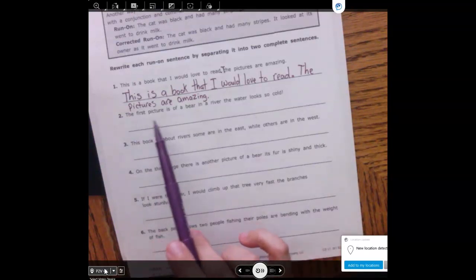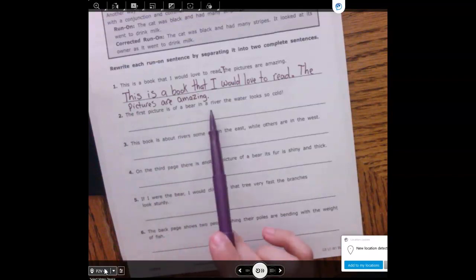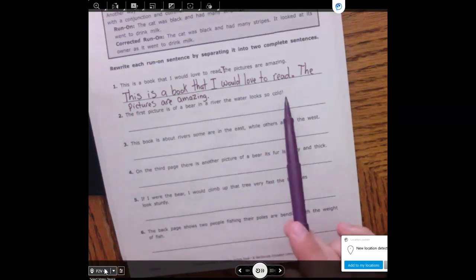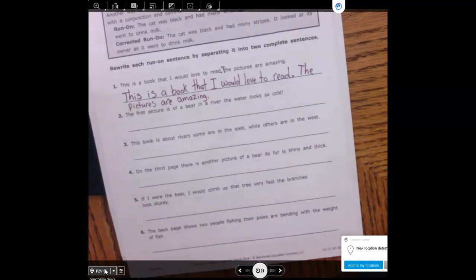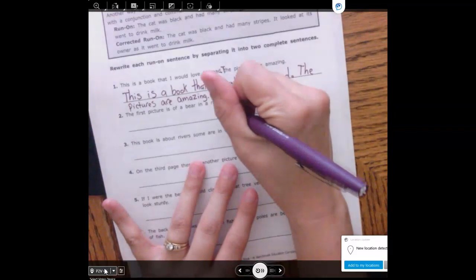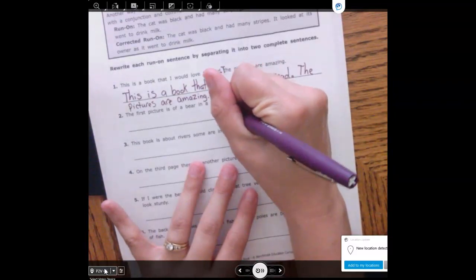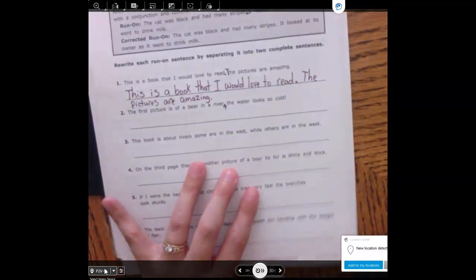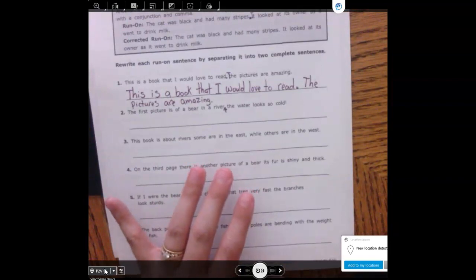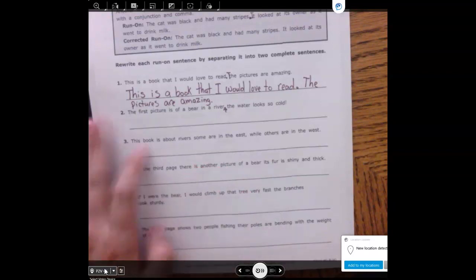The first picture is of a bear in a river. The water looks so cold. Did you notice where I stopped reading? Listen again. The first picture is of a bear in a river. The water looks so cold. So where I paused right here in this spot, I'm going to draw a little arrow, that is where either a period would go or we're going to add a comma.